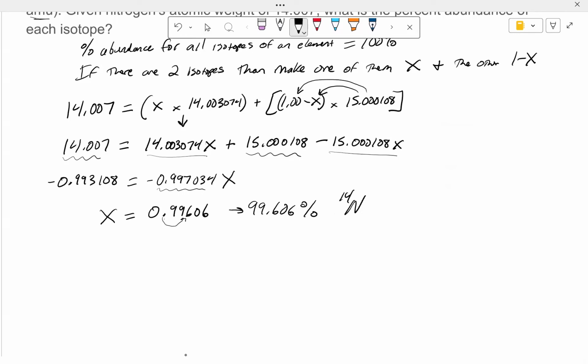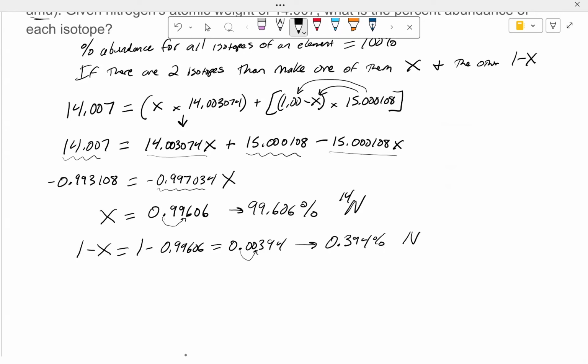Now, all I have to do, if that's nitrogen 14, remember we said nitrogen 15 was 1 minus X. And so the fractional abundance, the decimal value, is 0.00394. I'm going to move that decimal point over 2 places to get to a percent, 0.394%.